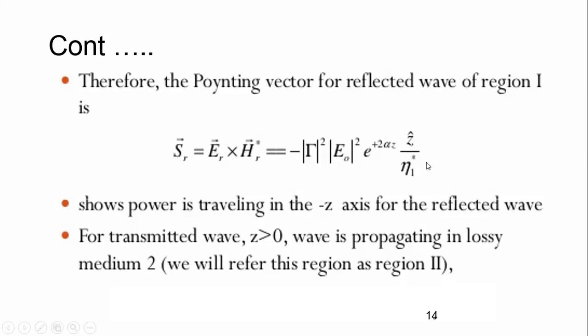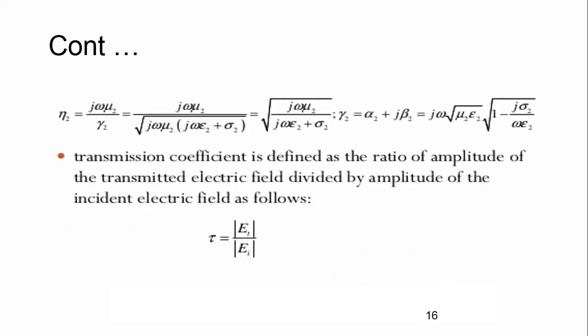All these things show the power which is traveling in the Z direction, and especially they mention this negative, that is the opposite direction, that's why minus Z axis for the reflected wave. So for the transmitted wave, you can compare in which particular region, whether my Z is greater than 0 or less than 0, how the wave is propagating, whether in the lossy medium or the lossless medium, totally depending on which region it belongs to. So in this way you can find.